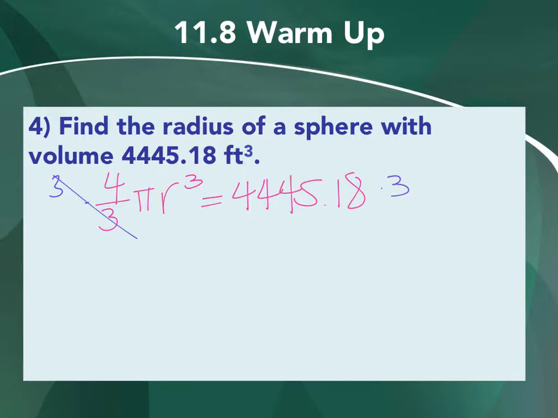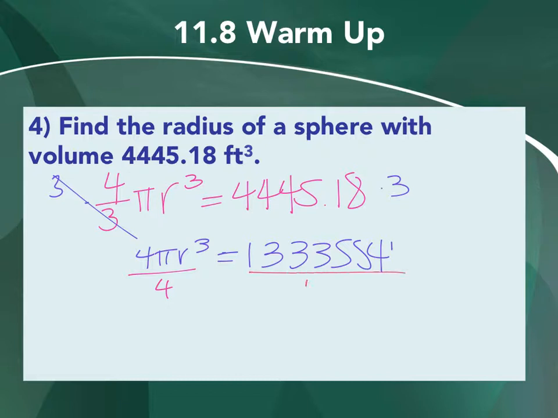So 4,445.18 times 3 gives me that 4 pi r cubed equals 13,335.54. Divide that by 4. And I get r cubed equals 3,333.885.